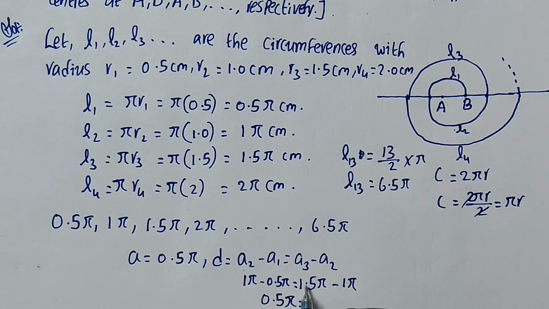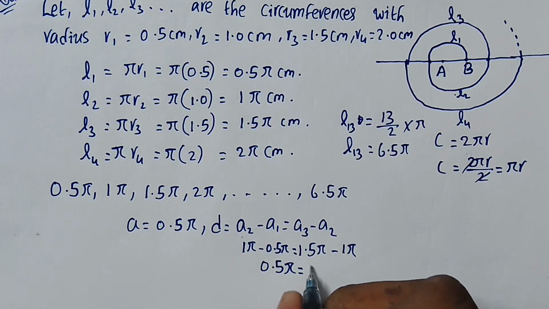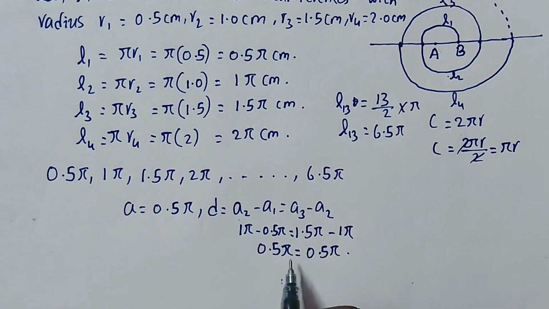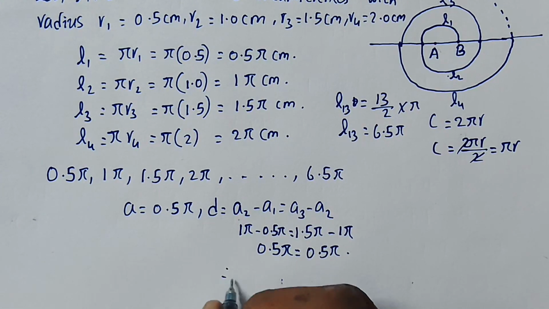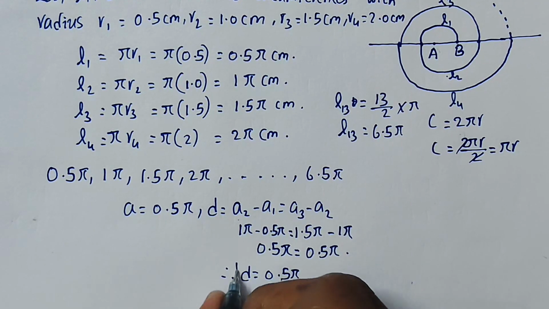To be equals to 1.5 pi minus 1 pi, 0.5 pi. So A3 minus A2 is equals to A2 minus A1. So therefore we got the value of D is equals to 0.5 pi.